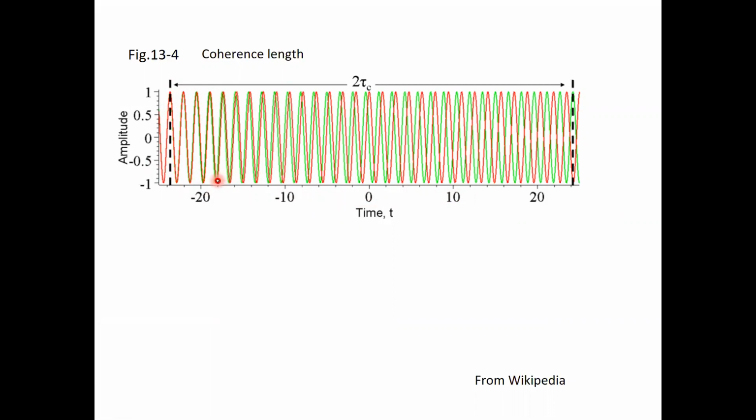But if a wavelength difference is included, looking at green and red, even for a minor difference, as it propagates, the difference gets bigger and bigger, and finally it becomes opposite. This is called the coherence length. If the light source has only the red type of oscillation, even after propagating here, the light has interference ability.